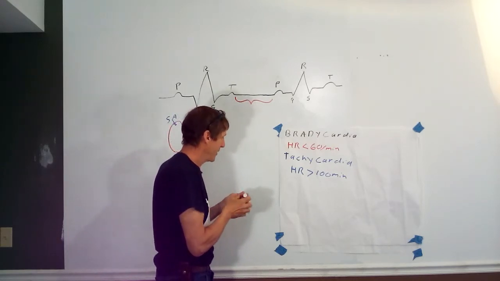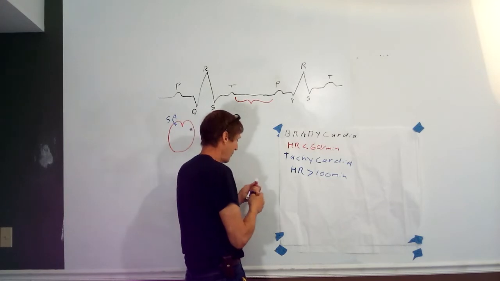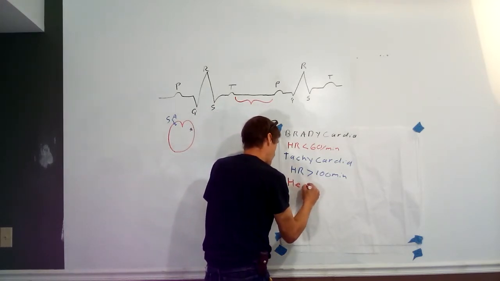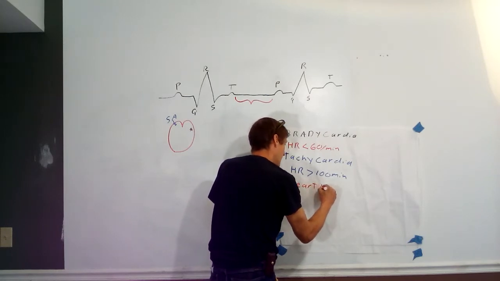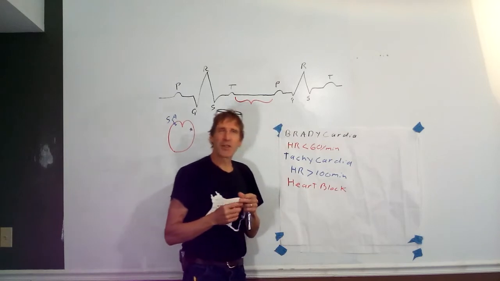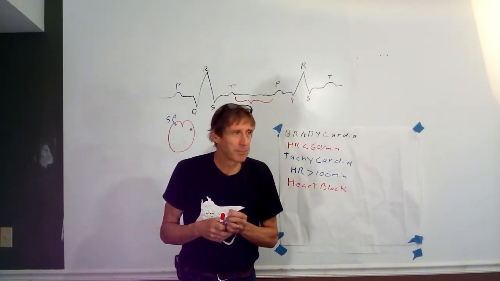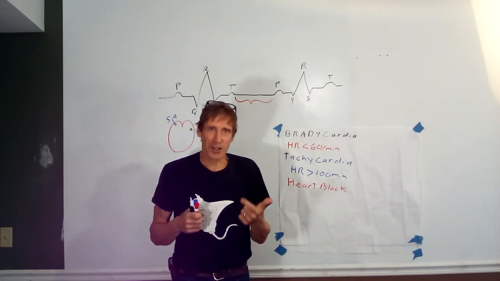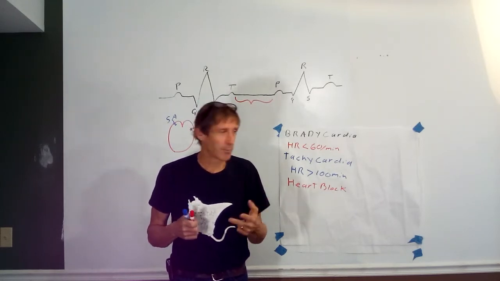Let's do a couple more while I have room. How about heart block? All right, there are several different types of what they call heart block. Different degrees. There's a first degree, second degree, third degree AV block or heart block.